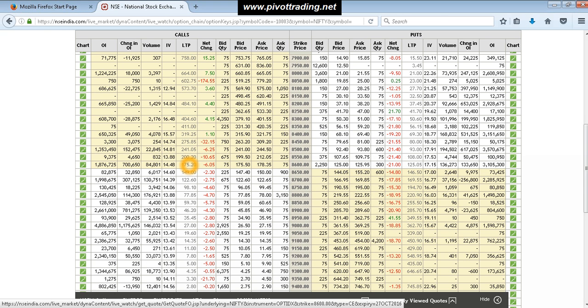I want to buy the call. So what is the price here? 175 for the 8600 call. Now what I'm anticipating is Nifty at 8900. So let's say after 1 month, when this contract is going to expire, the price of Nifty touches 8900.